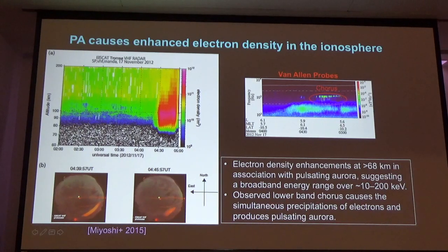This suggests that it is associated with broadband electron precipitation from tens of keV up to a couple of hundred keV. And in the conjugate equatorial magnetosphere, they also observed the chorus waves, and they suggest that the observed lower band chorus causes the simultaneous precipitation of electrons and causes the pulsating aurora, which also enhances the ionospheric electron density.